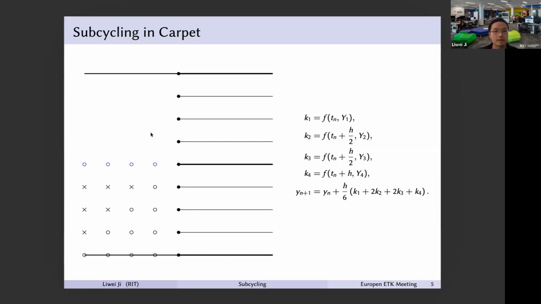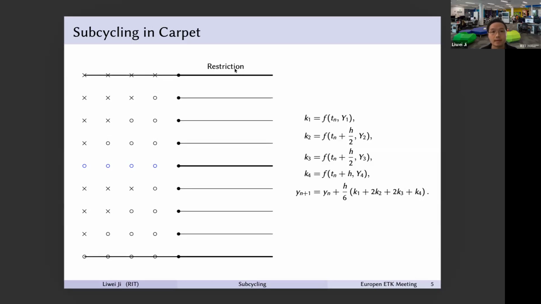Then you can repeat the process we just talked about, such that the fine level can finish the second substep and catch up with the coarse level. After that, we do a restriction to update the coarse level which overlaps with the current fine level, because we believe that the fine level has more accurate data compared to the coarse level.